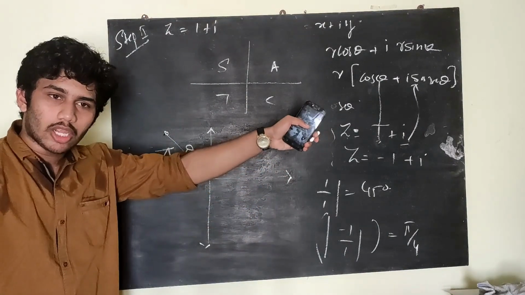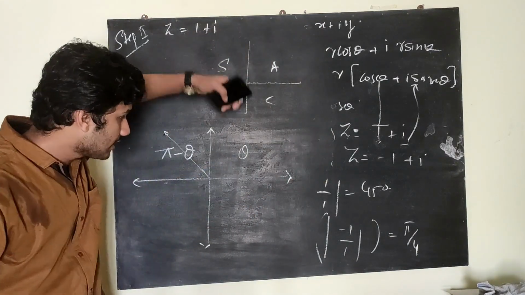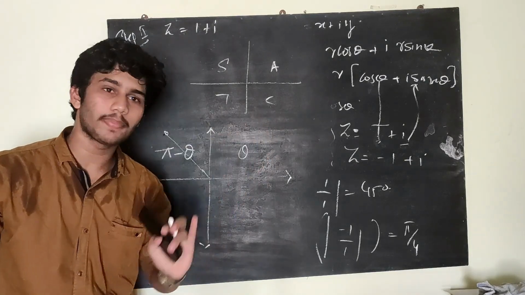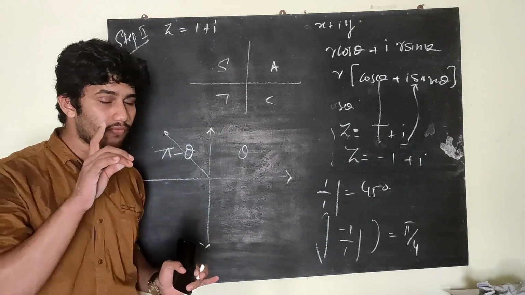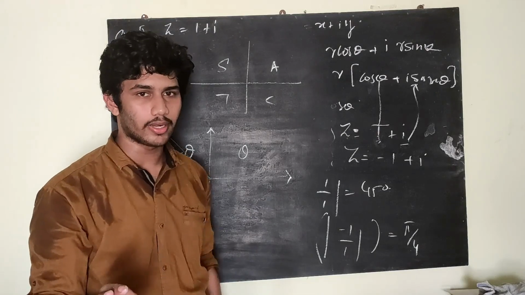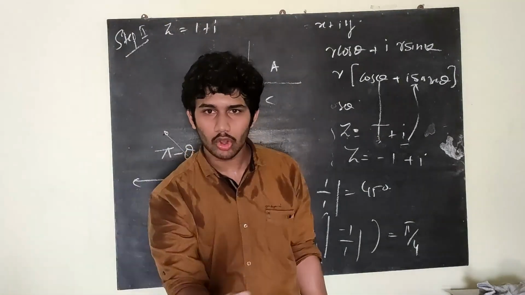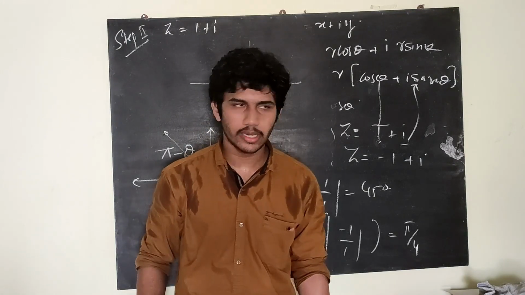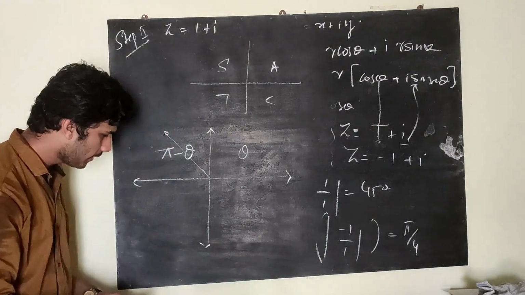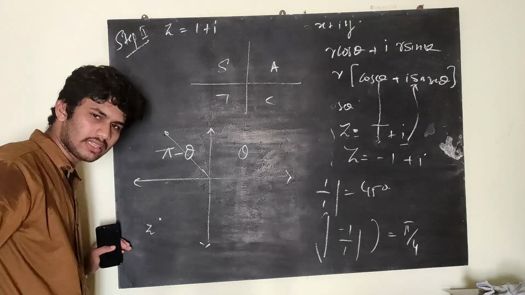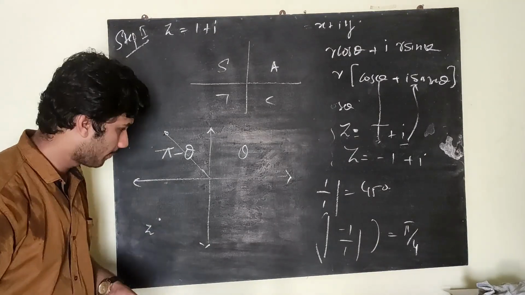While discussing the principal argument, I said that there is no difference if the z lies in the first or second quadrant. The argument and the principal argument are the same. But if it was in the third quadrant or fourth quadrant, instead of moving in the anti-clockwise direction, I can move in the clockwise direction. Right? That's what I told. So if my z was in the third quadrant, read after me.